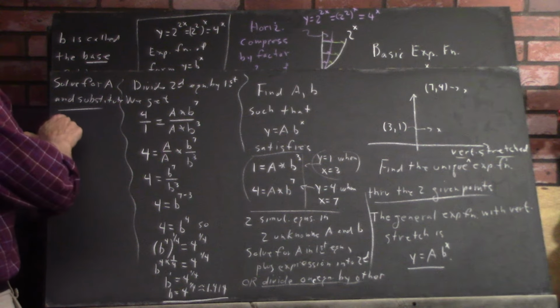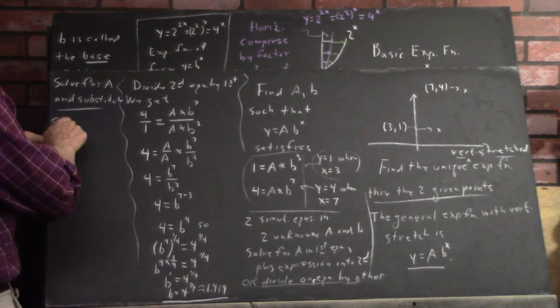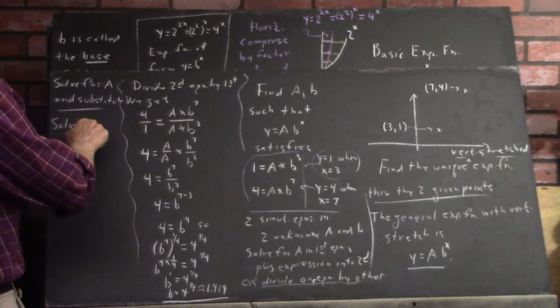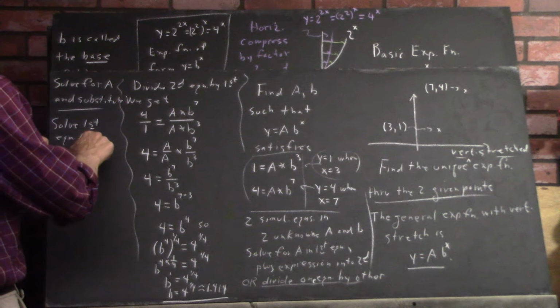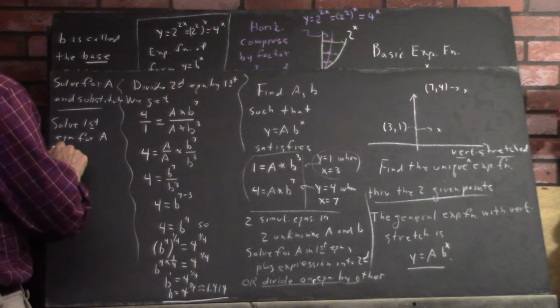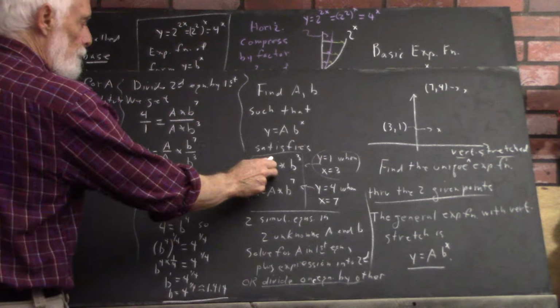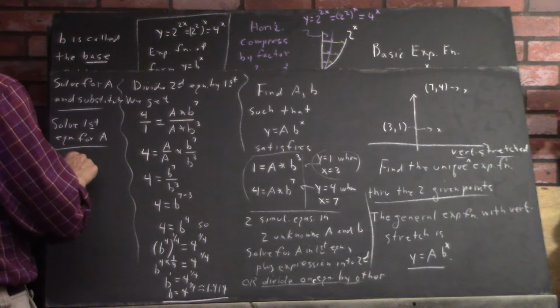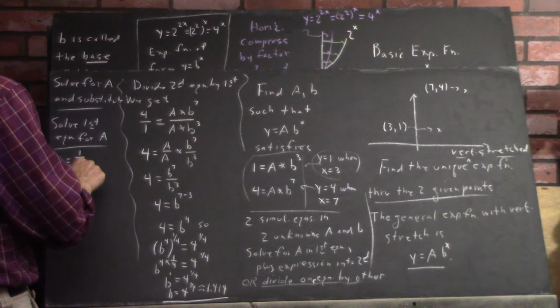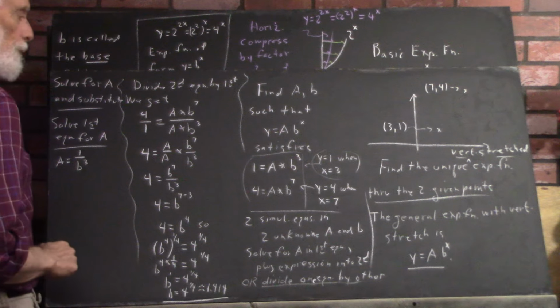Okay, so we have the two equations. We solve the first equation for A. We get A equals 1 over b to the third.